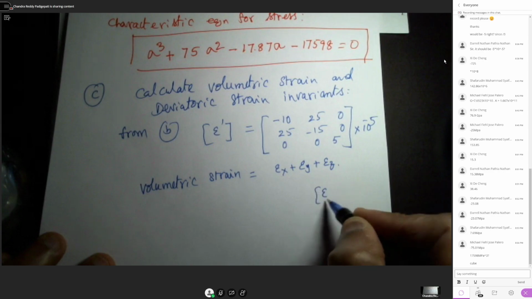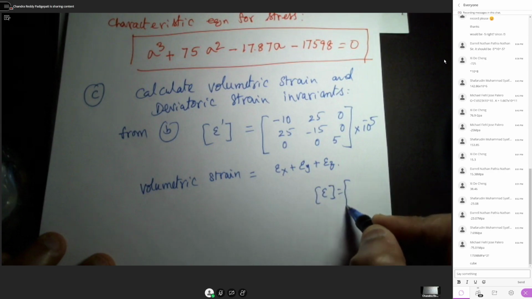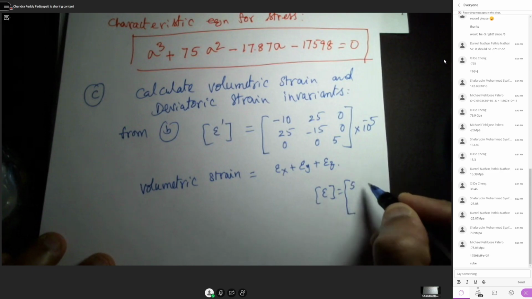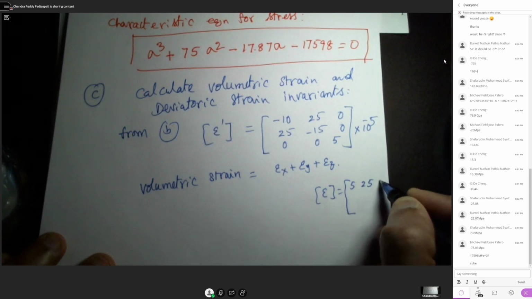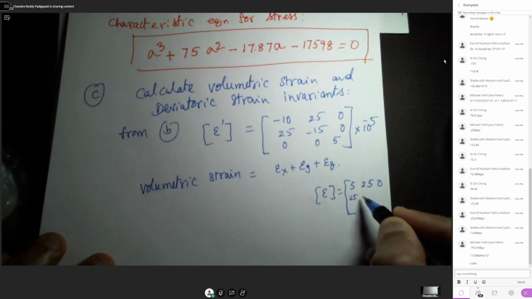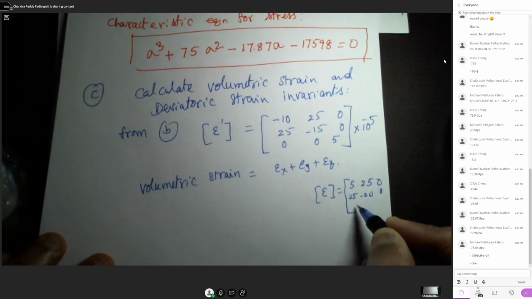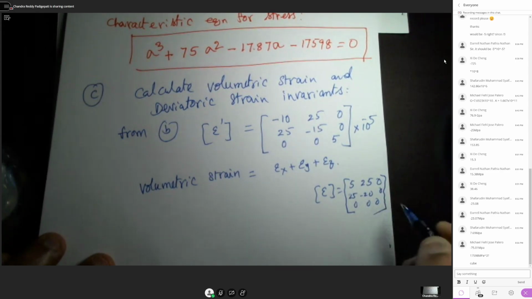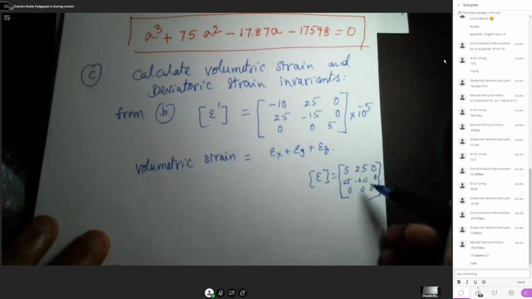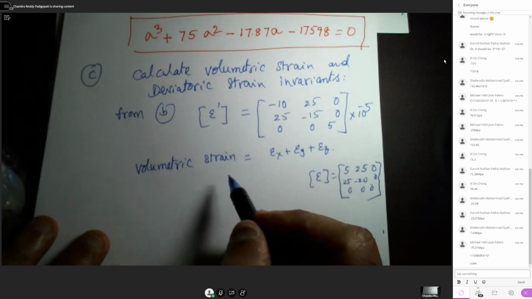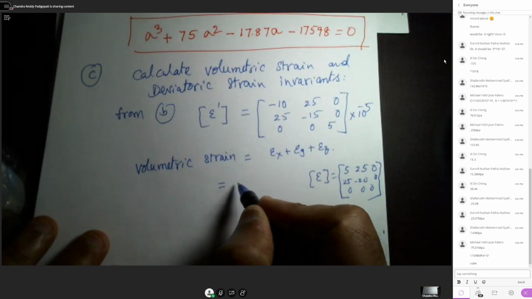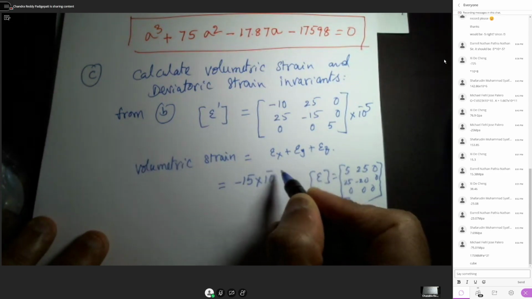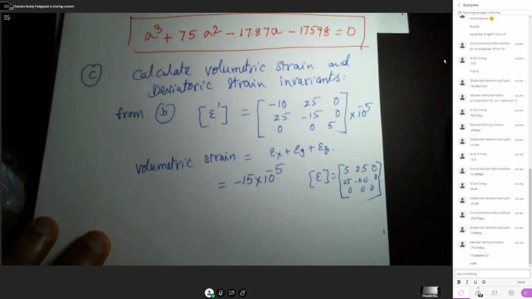If you recall the question, the main strain tensor is 5, 25, 0; 25, minus 20, 0; 0, 0, 0. So add up 5 minus 20 plus 0, and you will get the volumetric strain as negative 15 times 10 to the power minus 5.